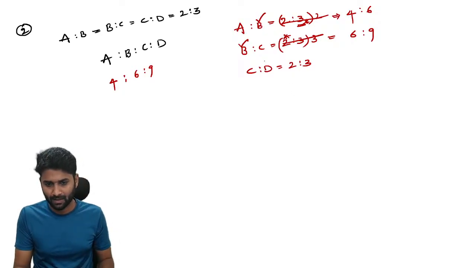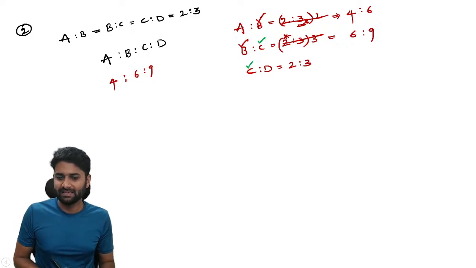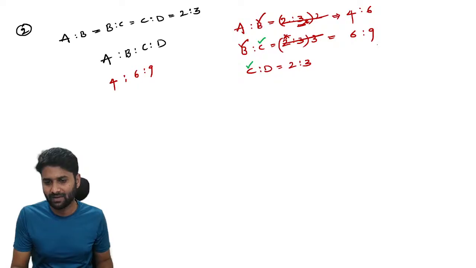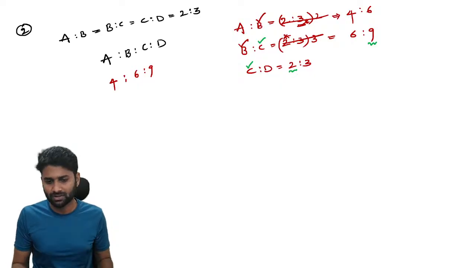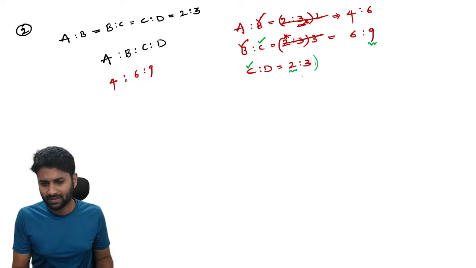Now focus. Again, if you go through the comparison, BC and CD, C is common. Now check the value. Here C is 9, there C is 2, how are we going to equate? You might think you should multiply the entire ratio with 9, and multiply the other with 2.